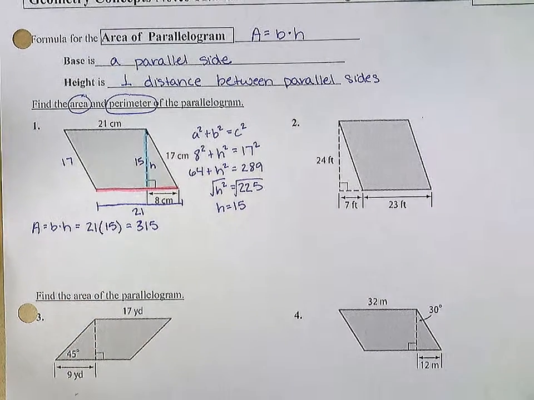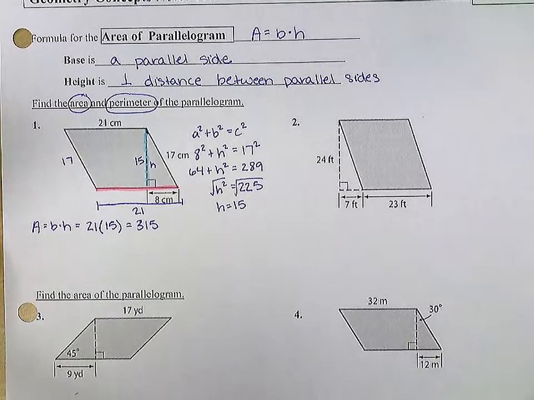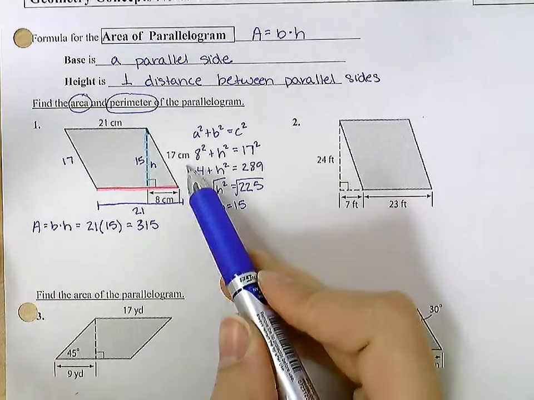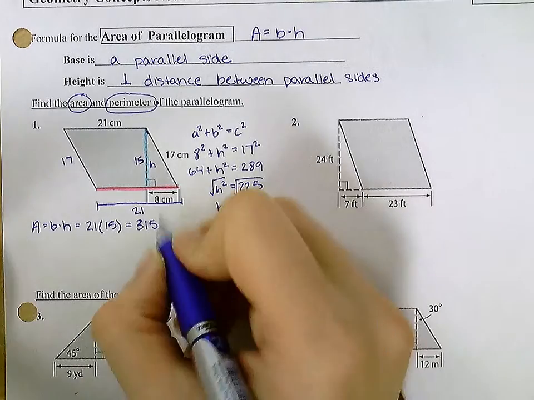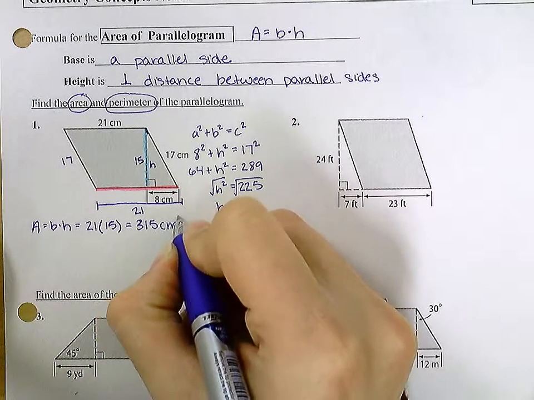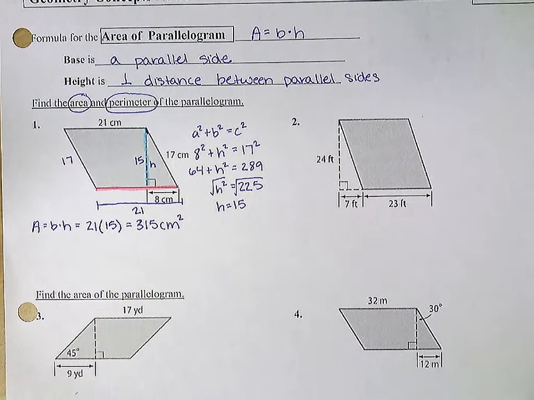I got 315. Since each of these measurements are in centimeters, your area is in centimeters, but it's in centimeters squared. Okay, so that's the area.